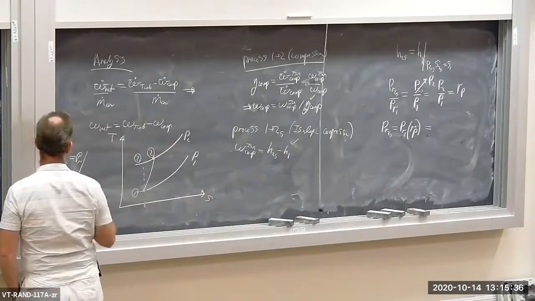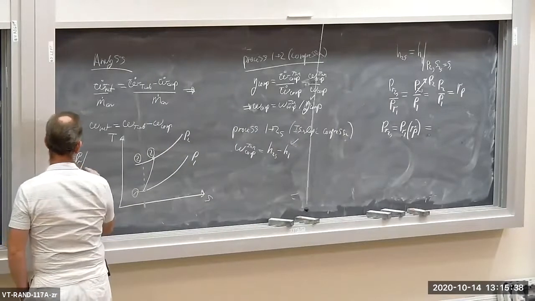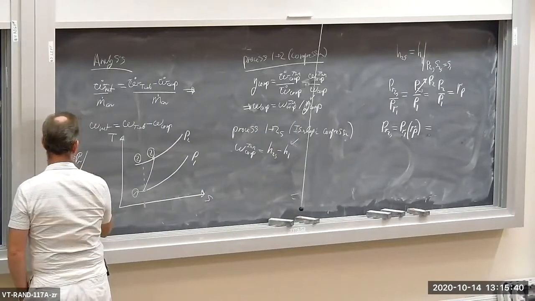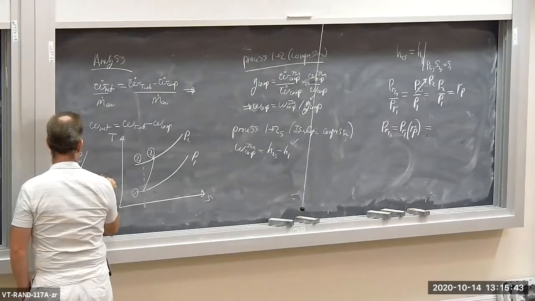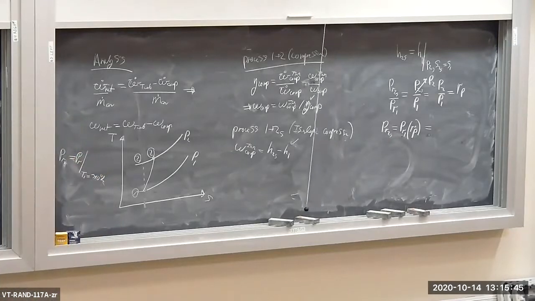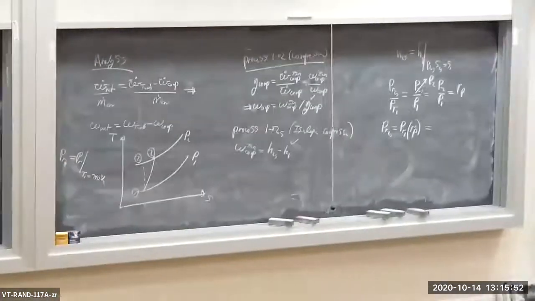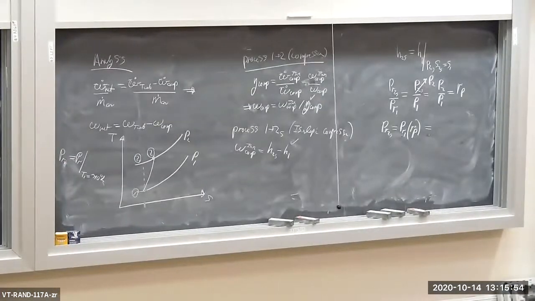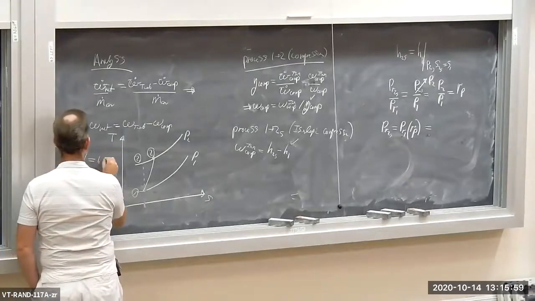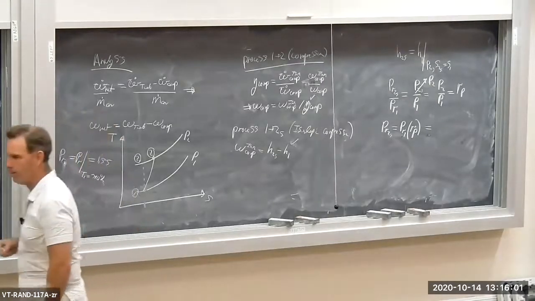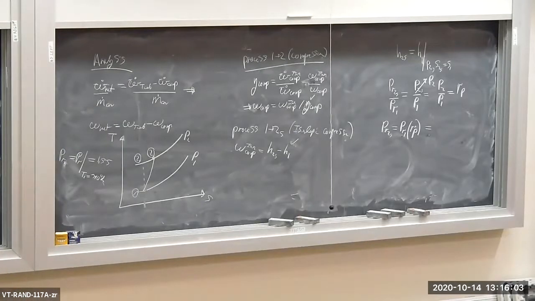Let's find PR1. PR1 is PR evaluated at T1, which is 310 degrees Kelvin. Going to tables, PR1 is 1.55. Maybe I can get a couple more decimal places there. And that's from IGB tables, 1.555.